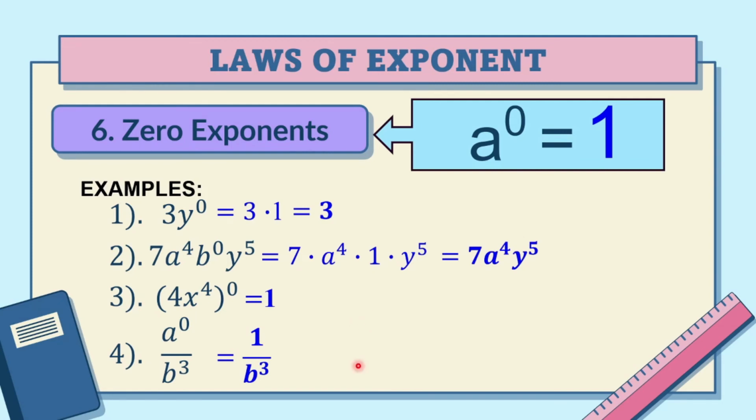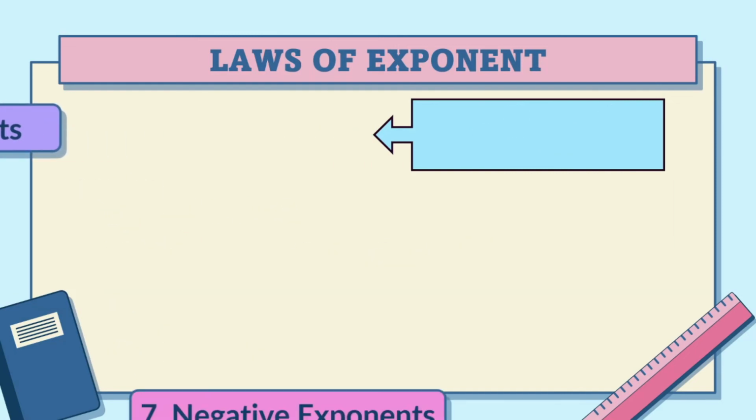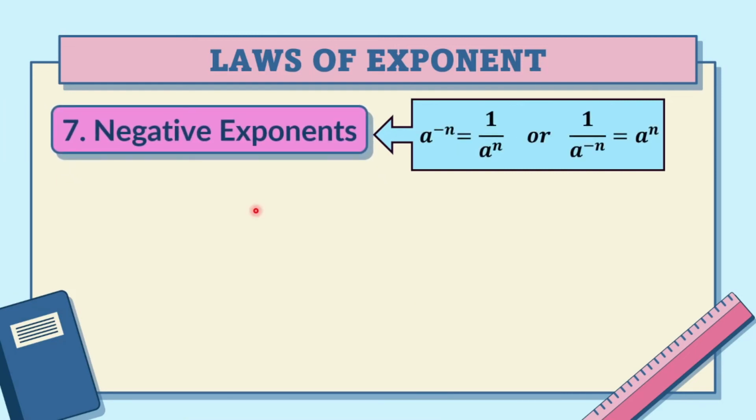Okay, let's proceed to the last laws of exponent. We have the negative exponents. Katulad ng sinabi ko kanina, nabigyan ko na kayo ng idea kanina. Pag sinabing a raised to negative n, ang magiging final answer niya is pupunta siya ngayon sa denominator, para maging positive exponent.